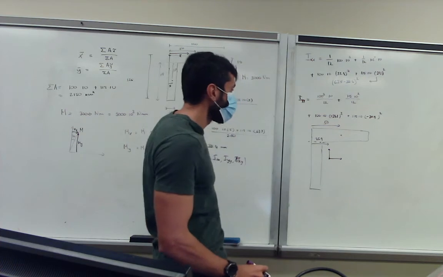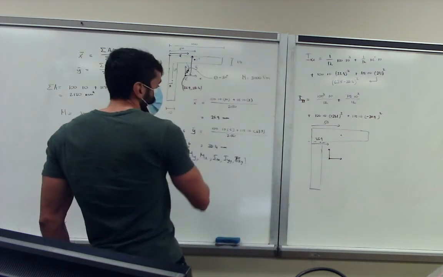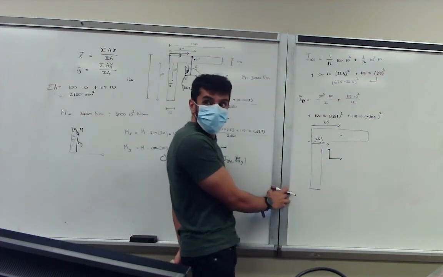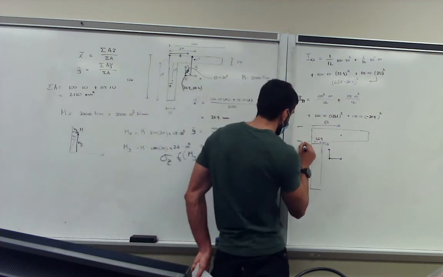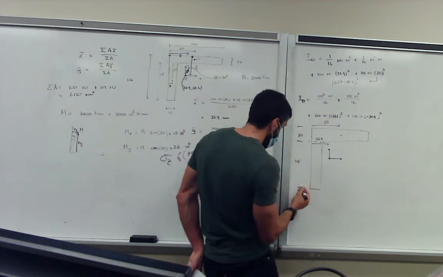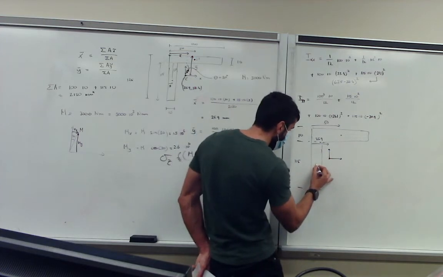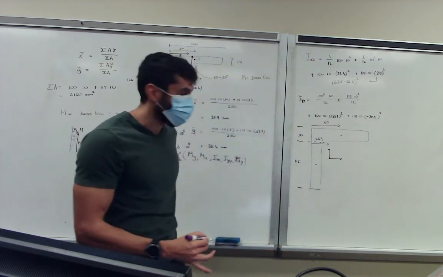Can you explain that one too? So in that case, let's see here again. So this was 115, right? And this section is, let's draw it here, 110, and this is 115. So the centroid of this 115 by 10 bar lies here in the middle, right? And that's at 57.5.